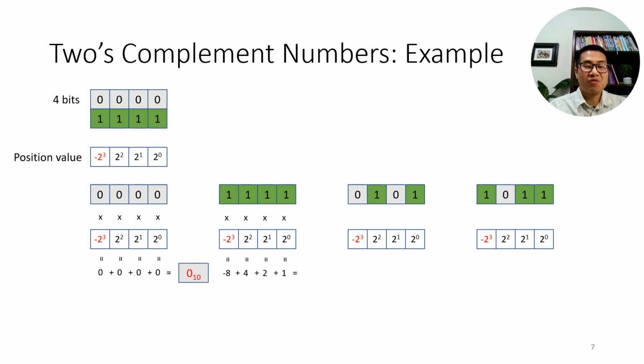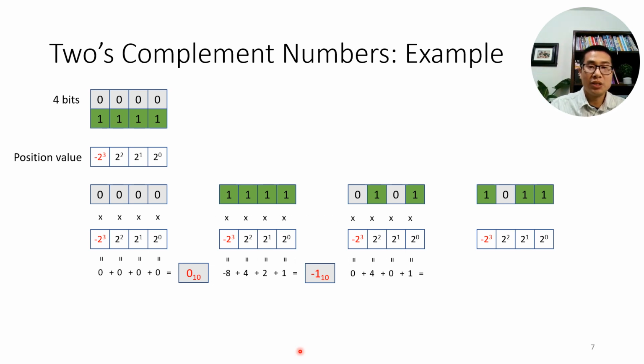This bit especially is going to bring -8. And when we add it with all the others, it is going to produce -1. So in binary two's complement systems, if you see the whole sequence with all ones, it represents -1. And if you see the sequence with all zeros, it represents 0.